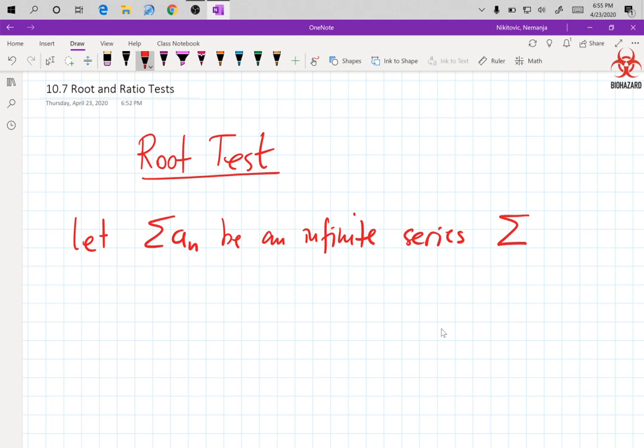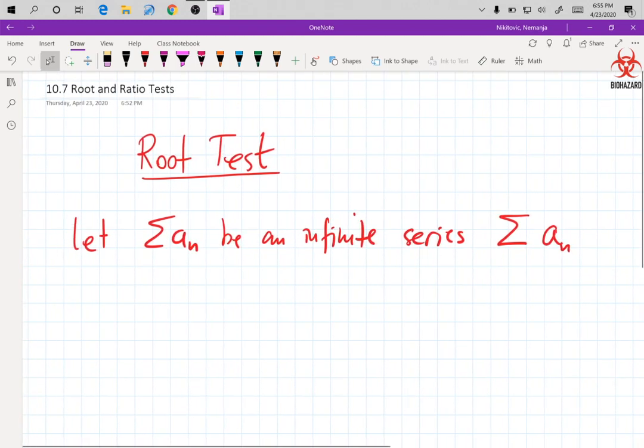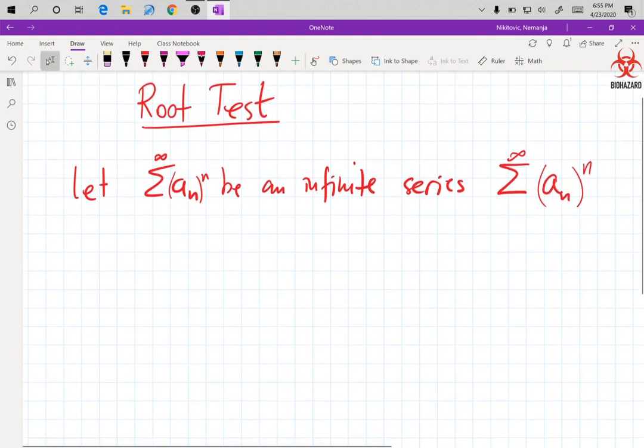It's going to be an infinite series of some kind of a_n raised to the nth power. So it's going to be of that form.